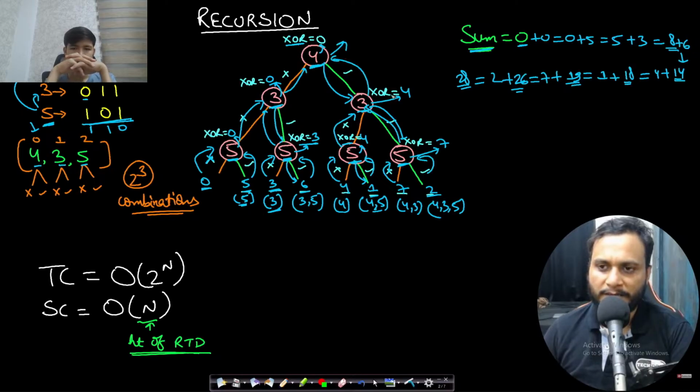So in this entire recursion approach, the sum value will be updated to 28 and that is our final result, right? The total number of nodes in this tree will be 2 to the power of n, where the height of this tree is n.